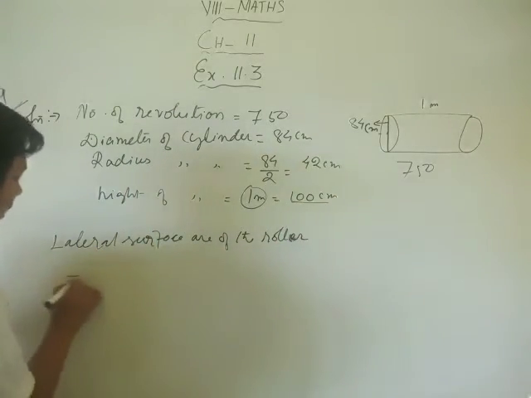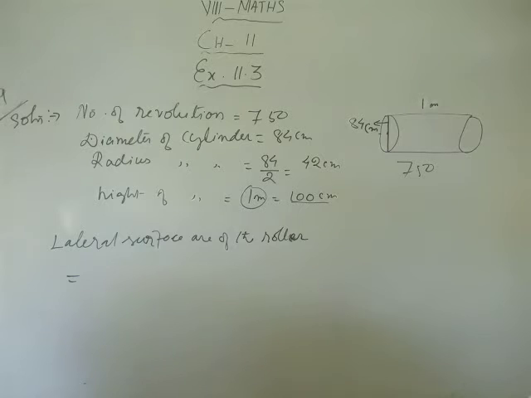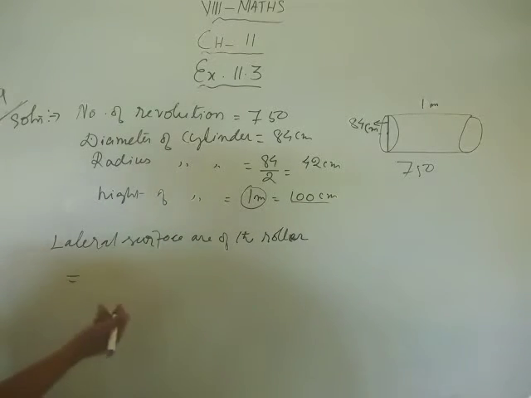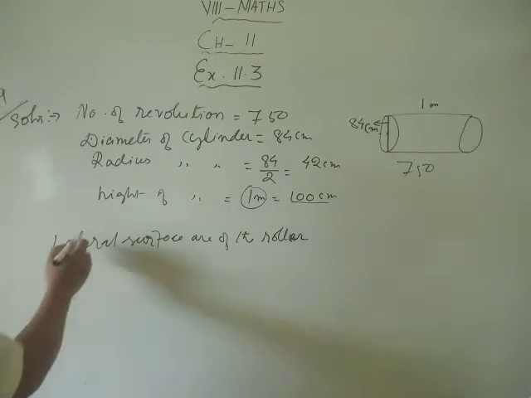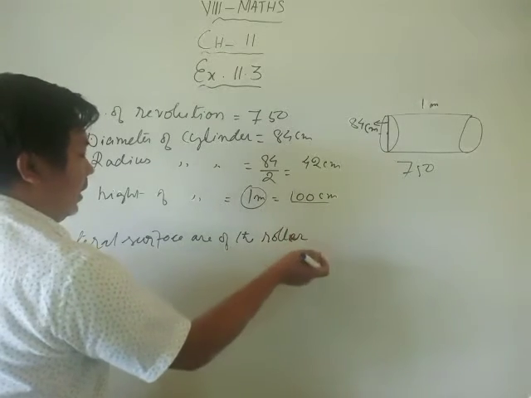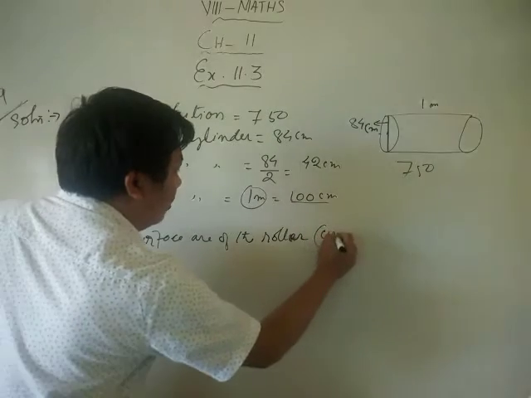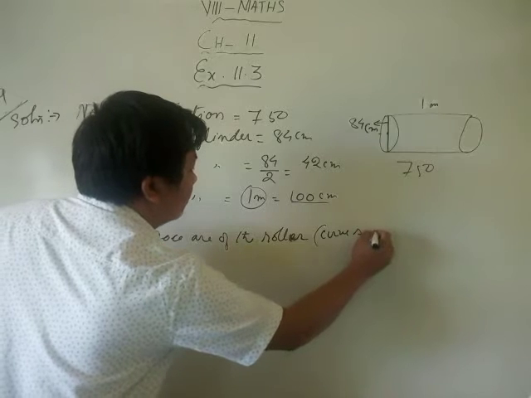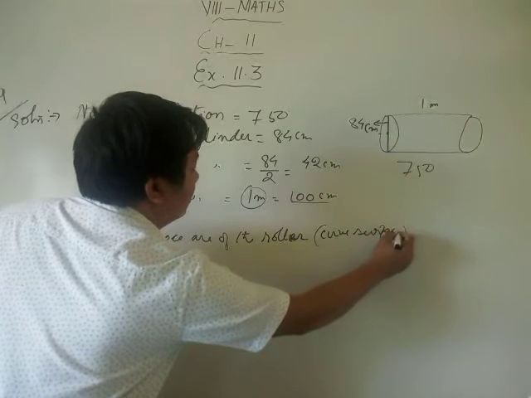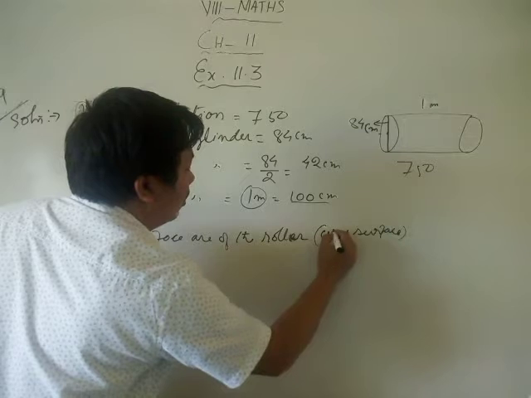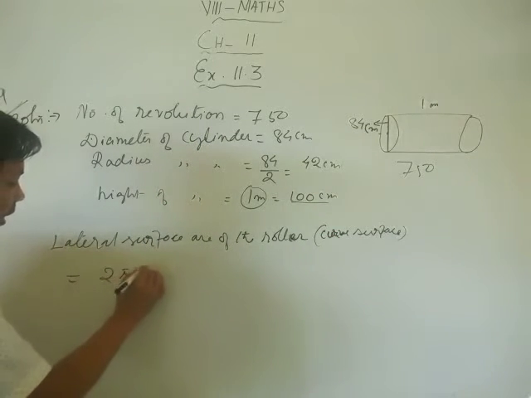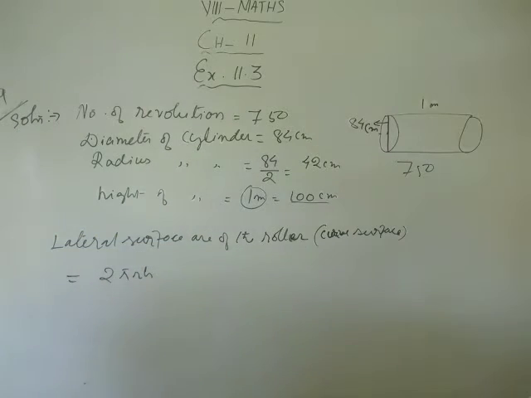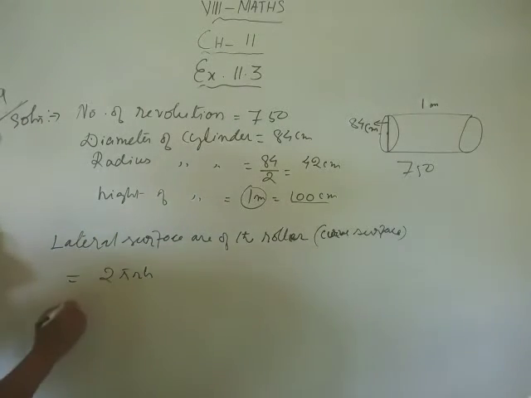So the lateral surface area of the roller or cylinder is the curved surface. Curved surface, so there is 2 pi r h. 2 pi r h is the formula.